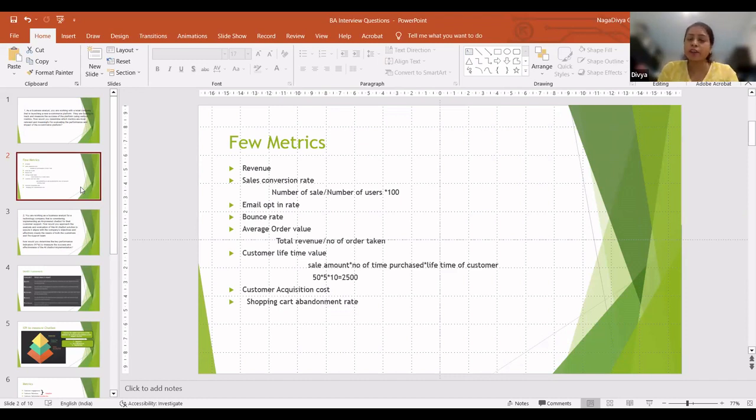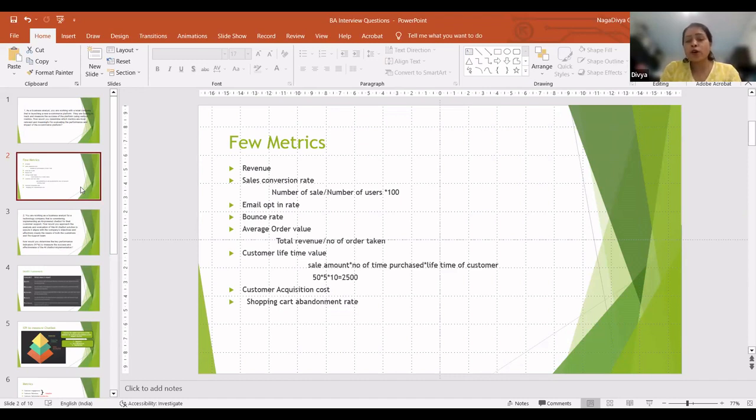Suppose our total revenue is 1,000 and the number of orders taken is 100. 1,000 divided by 100 is 10. It means that on an average, an order of rupees 10 is placed whenever a customer visits our website. Why is this metric very important? It is very important to understand our pricing strategies.